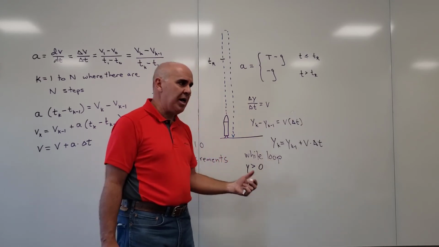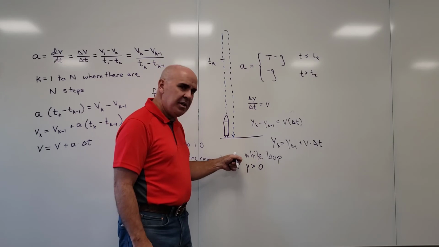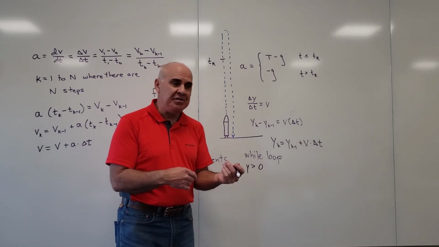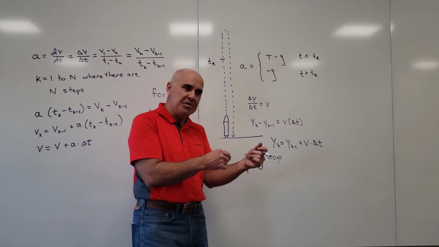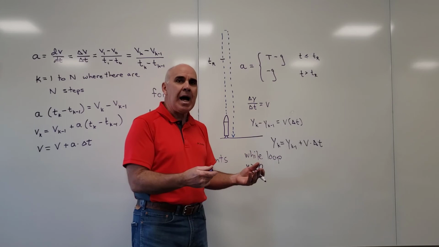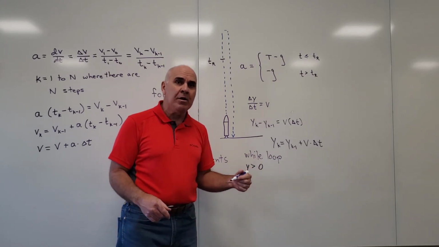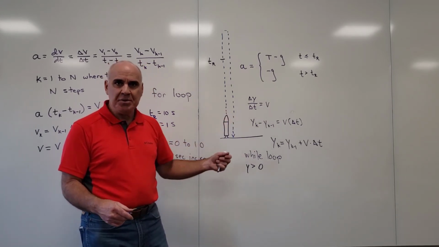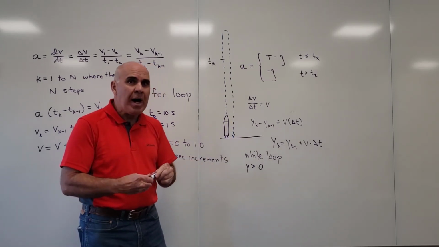I'm going to get a negative y, which means it's underground, right? That's nonsensical. So I'm going to stop when I reach 0. Well, of course, I might not reach exactly 0. It might be at 0.005, and then I run the loop again, and it's negative 0.002. Then it stops, because my y value is now negative. So while y is greater than 0, it's going to run through the process. Okay, and that's the idea behind a while loop.